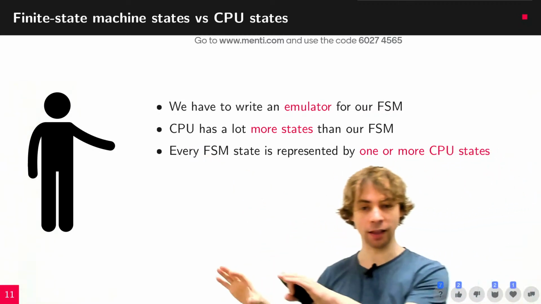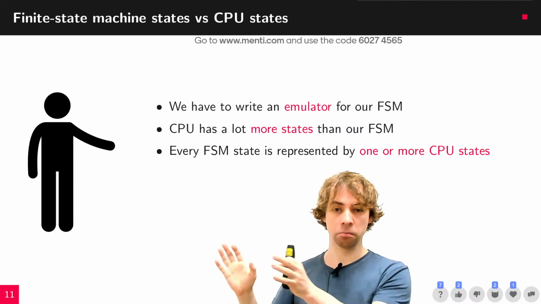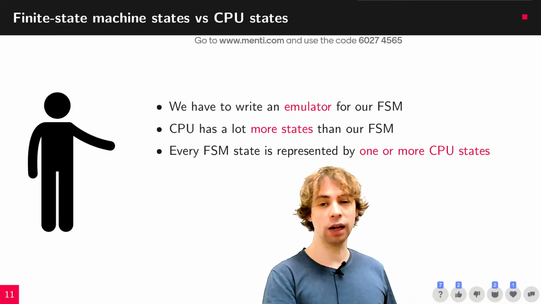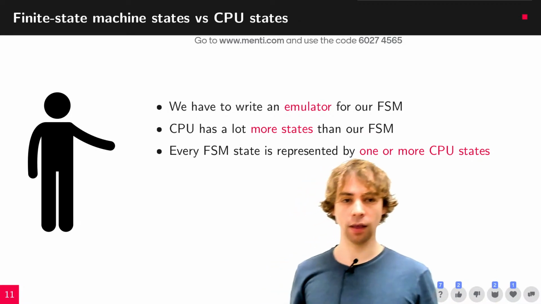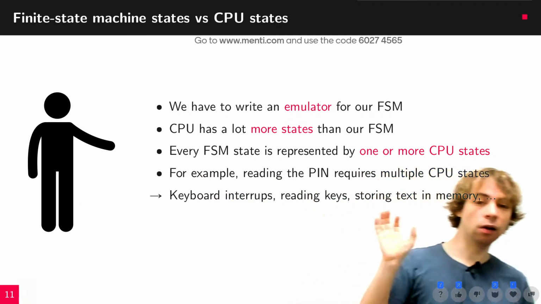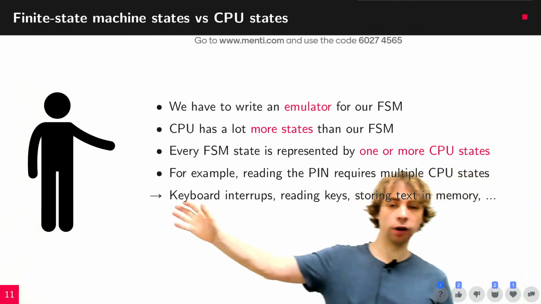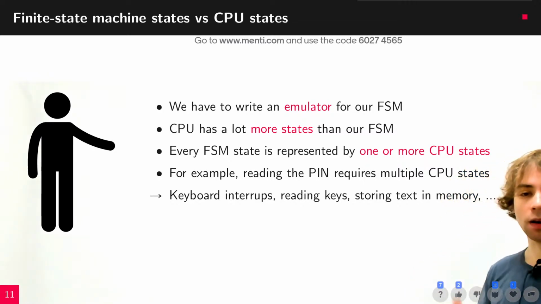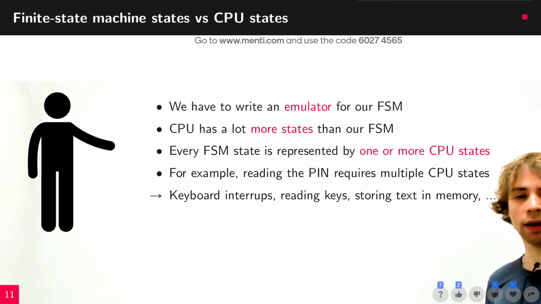So we have a mapping from a few states in a finite state machine to many, many states in a really, really complex CPU. For instance, if you read the PIN, this requires a lot of CPU states: the keyboard interrupts, reading the keys, storing the text in memory. That's a lot of states to handle.